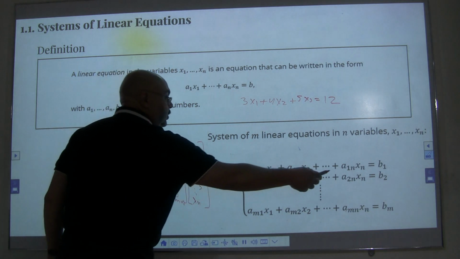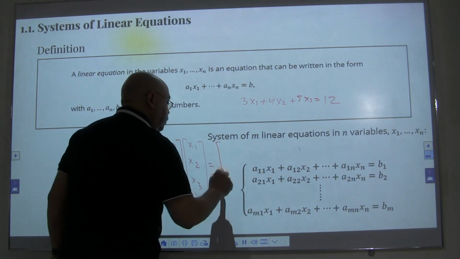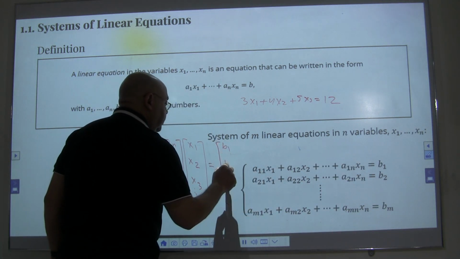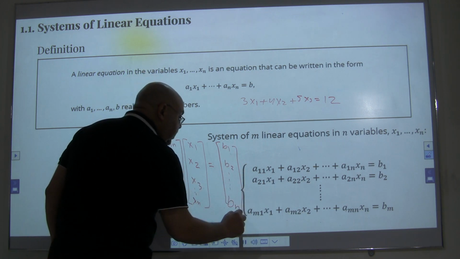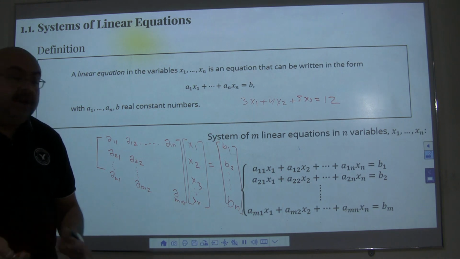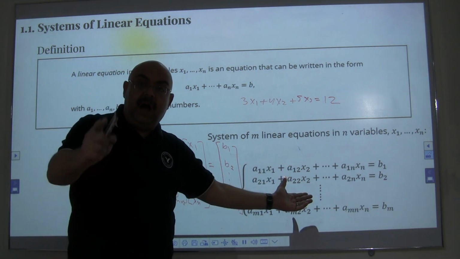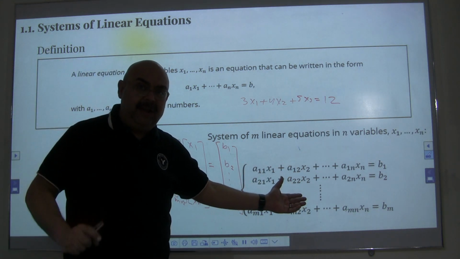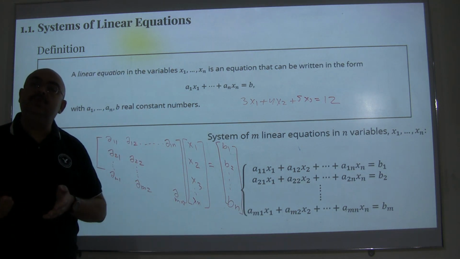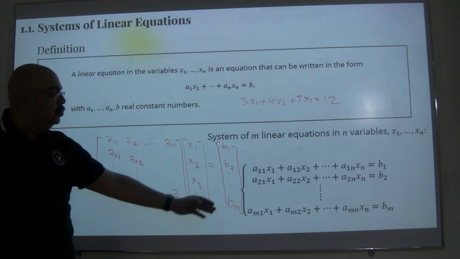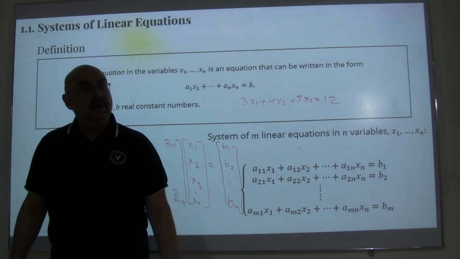And this will equal a column of results, which is going to be b1, b2, till you reach bn. See, instead of dealing with the system of equations, I've succeeded in changing it into a system of matrices. Actually, the matrices were invented in order to overcome this issue.